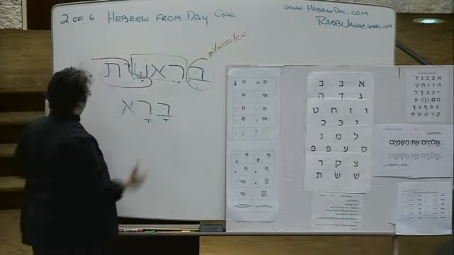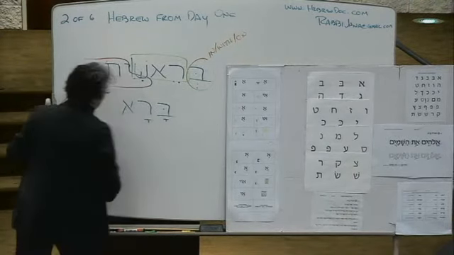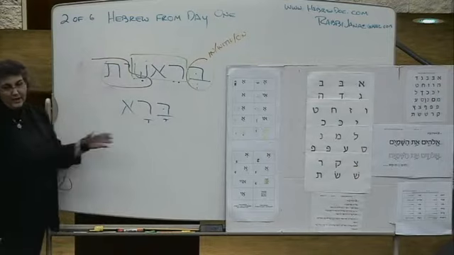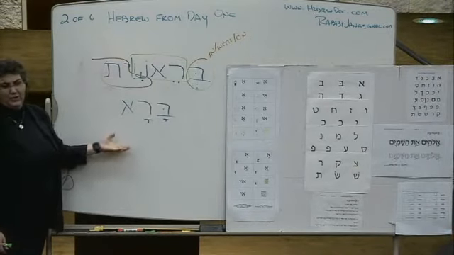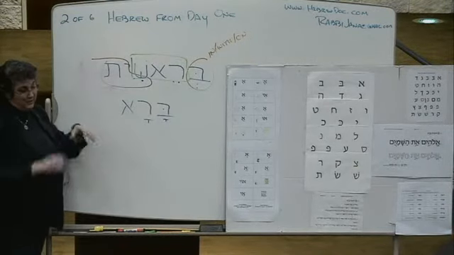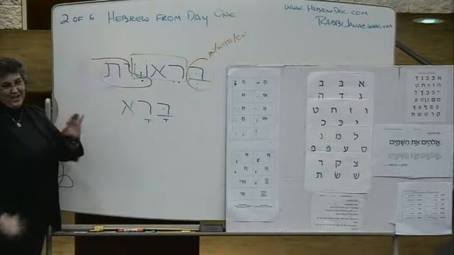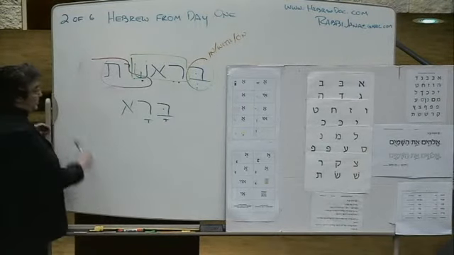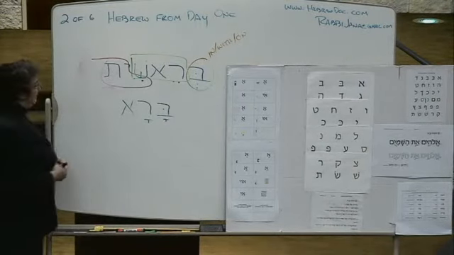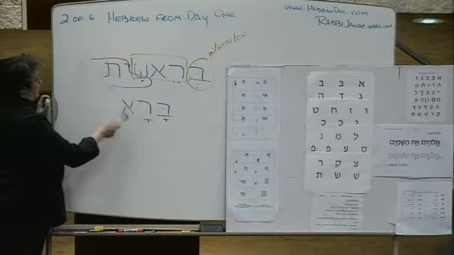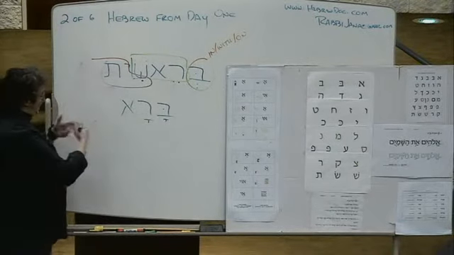Bara means he created. It's in what's called the perfect tense. Perfect means complete. It doesn't mean you can't get any better than that. It means completed action. And bara is the third person masculine singular, which is the he did it form.